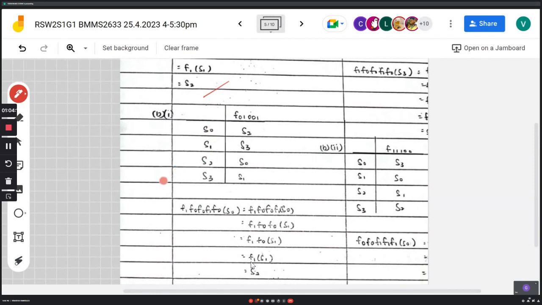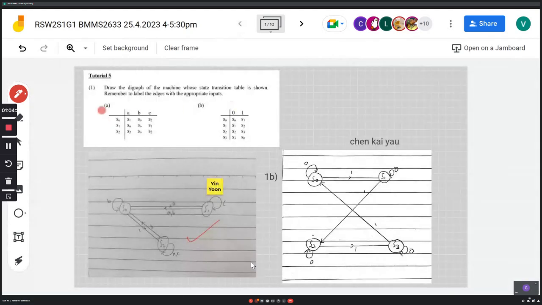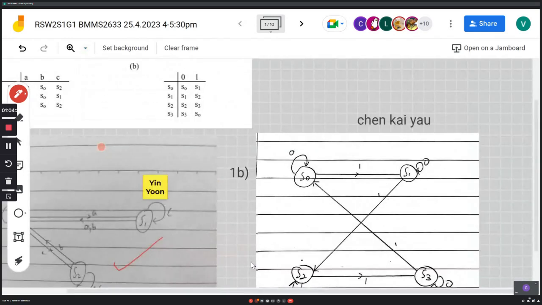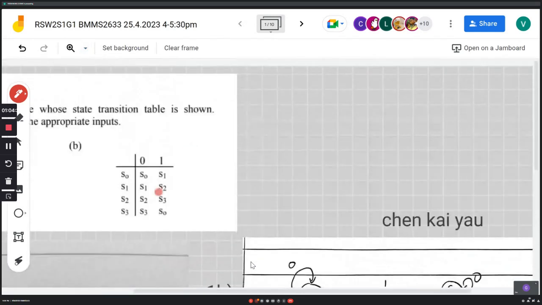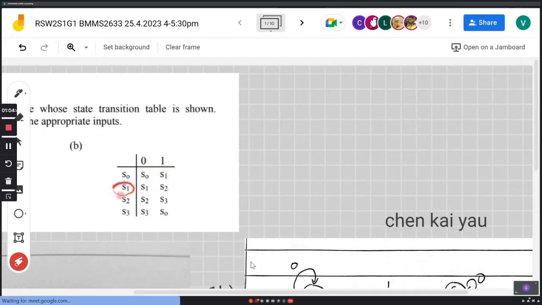Okay. You see this is S0, S1, S2, S3, right? We start from different states. So if you refer to your question 1b, I go for 0, 1, 0, 0, 1. Start from S0 just now, the answer is S2, right? If you start from S1, then you will have 0, 0, 1, then come here, 0, 1.